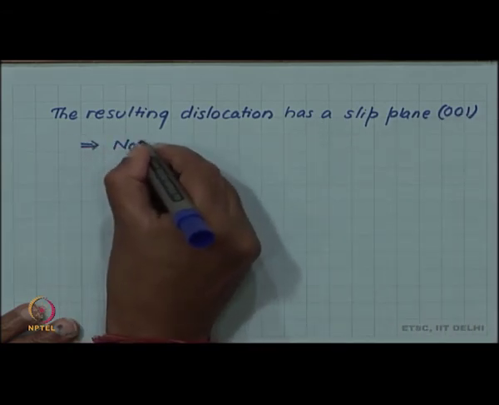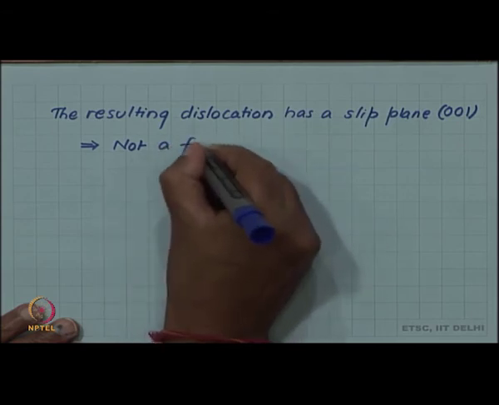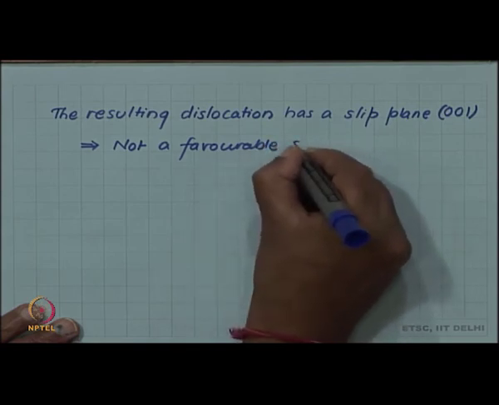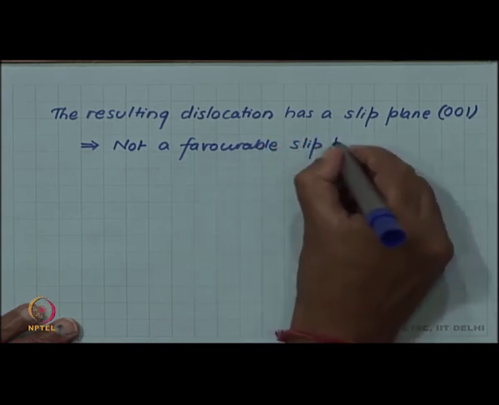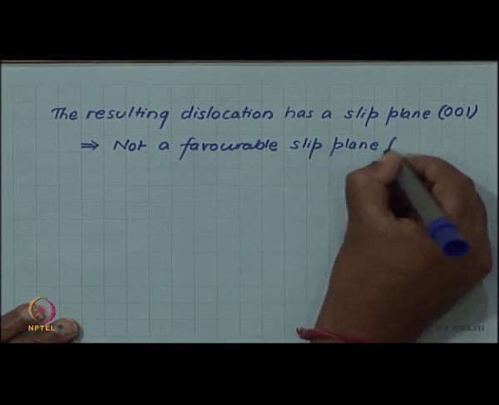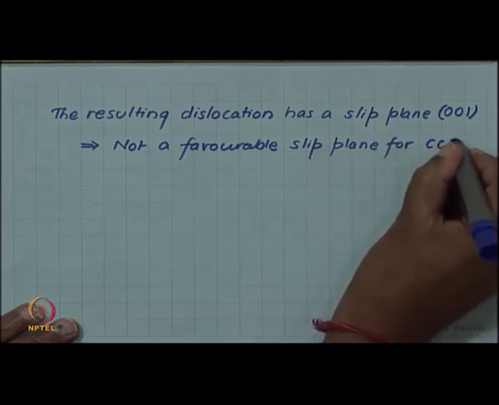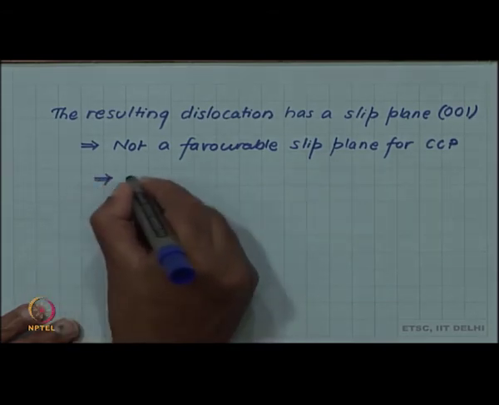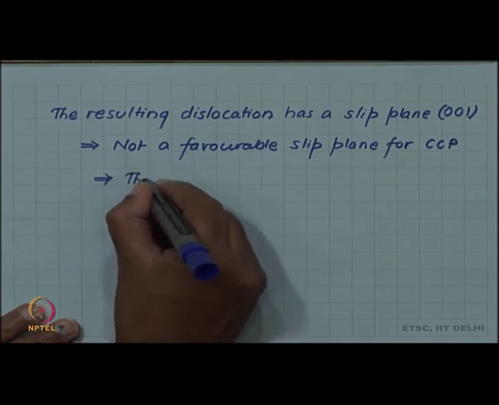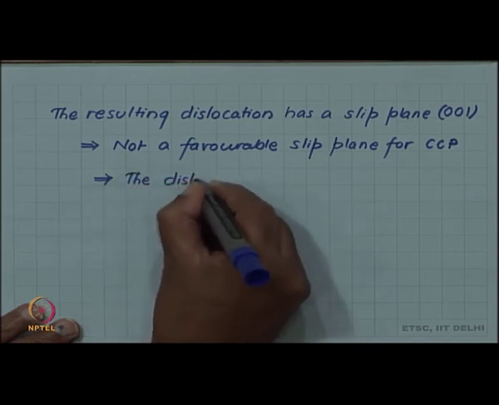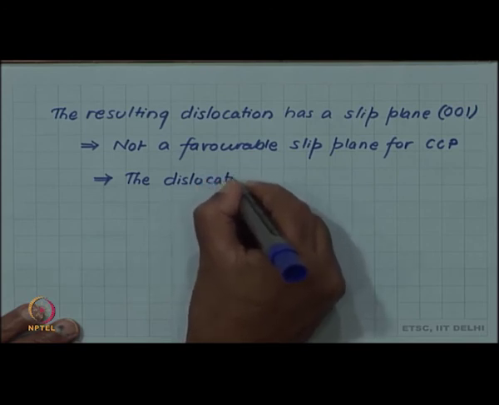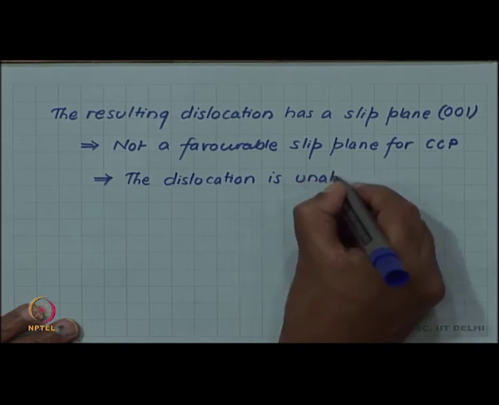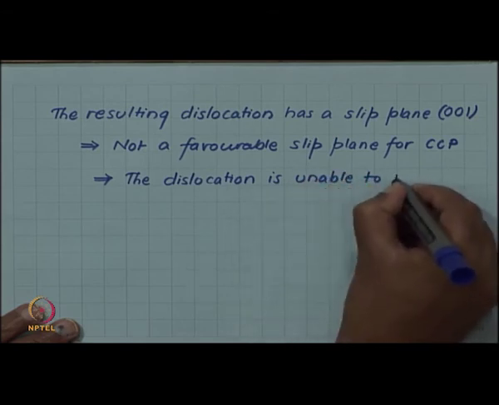This is not a favorable slip plane for a CCP crystal, which is what we are considering, and that is why the dislocation is unable to move.